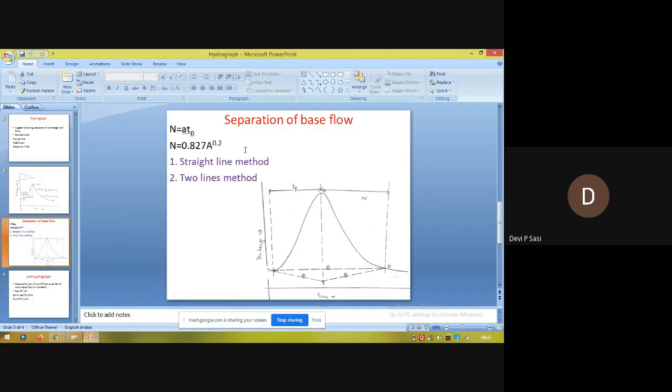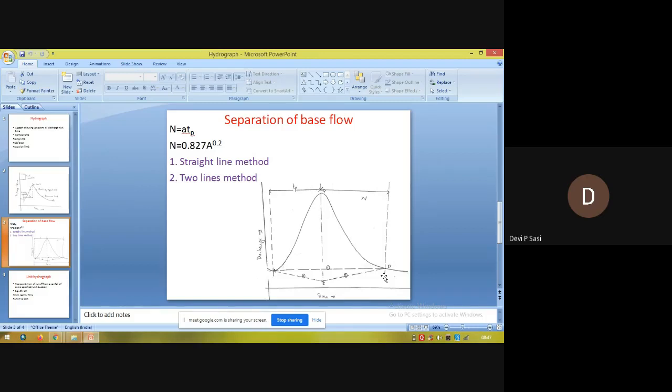The second equation is N equals 0.827 A raised to 0.2, where capital A is the area of the drainage basin in square kilometers. So we can find N and then easily locate point D.